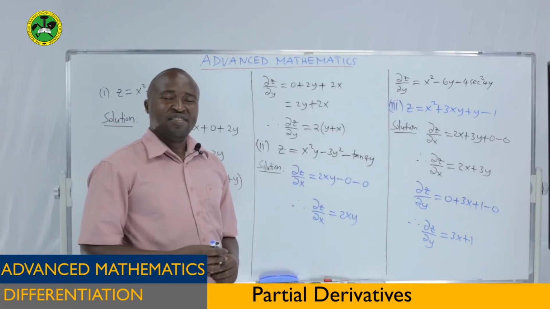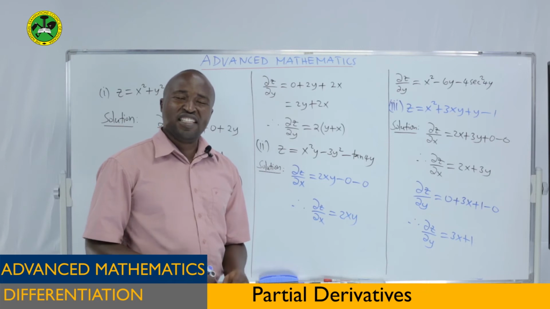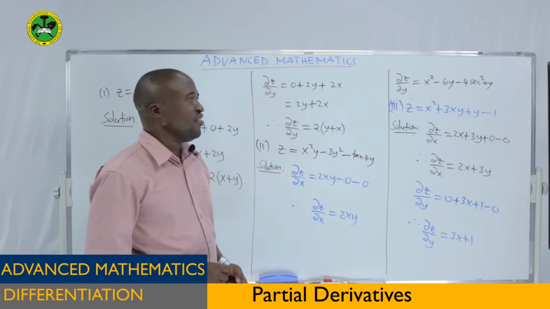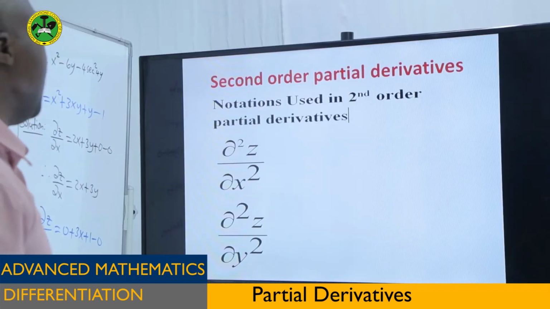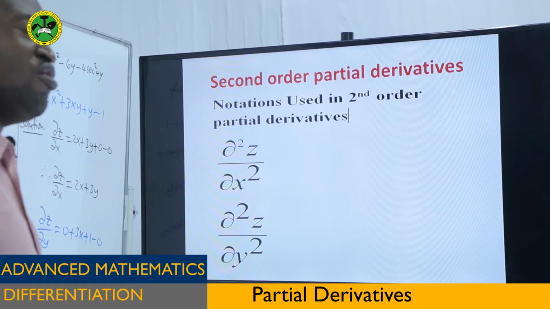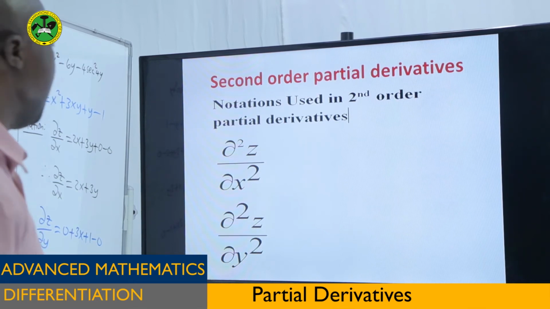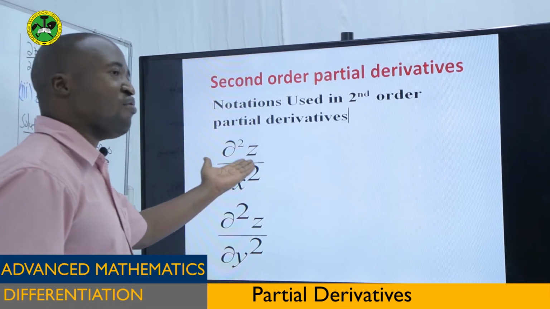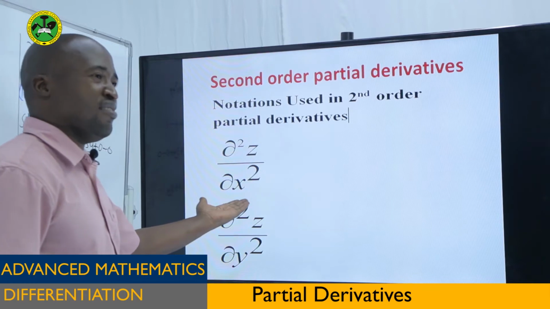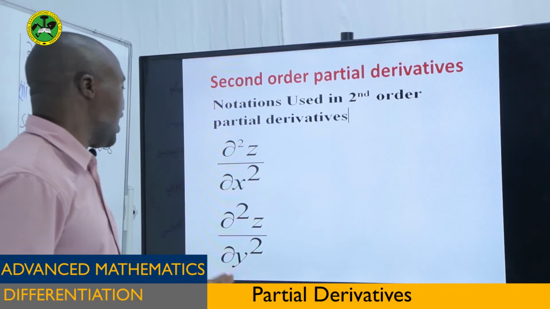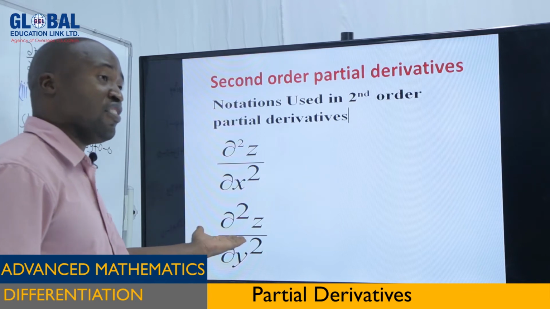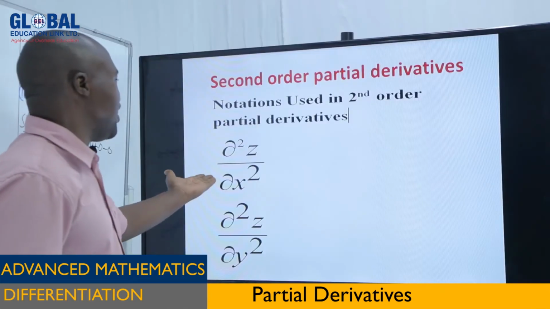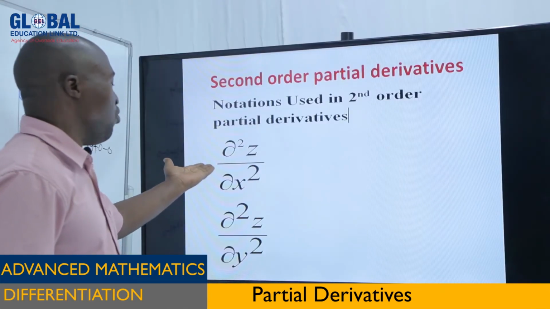So, dear student, let us proceed with the second order partial derivatives. And again, here we have a special notation for second order partial derivatives. Now, the first one, that is the second order partial derivative of z with respect to x. And the second one, we have the second order partial derivative of z with respect to y. In the first case, y is constant.